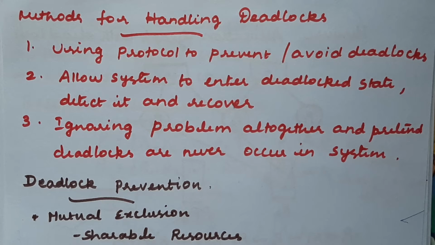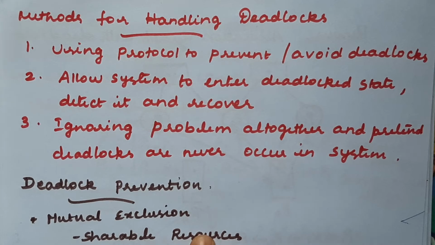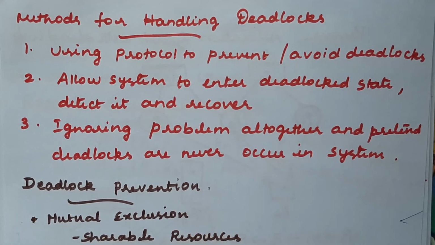This is one method. We can avoid the deadlock with the help of some algorithms like Banker's algorithm. So this is another method. The second method is we allow the system to enter into the deadlock state. We allow the deadlock to occur in the system, and afterwards we detect the deadlock and recover from it. This is somewhat more expensive than the previous method.